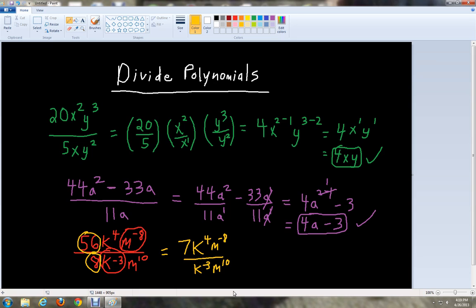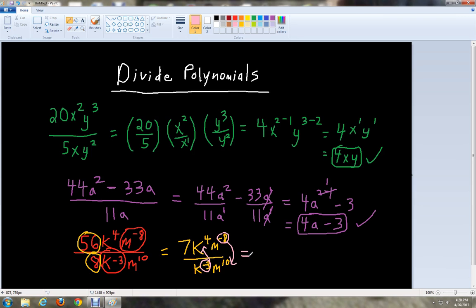Now there's a rule in algebra: when you move a negative exponent to either the top or bottom, it switches the sign of the exponent. So for the k to the negative 3, if I want to make that negative 3 become positive 3, I have to bring it up top in the numerator. And likewise for m to the negative 8, I have to bring this down in the denominator to make it m to the positive 8.